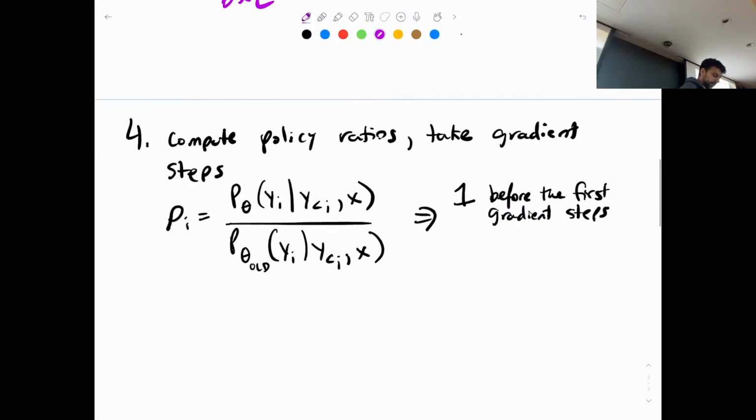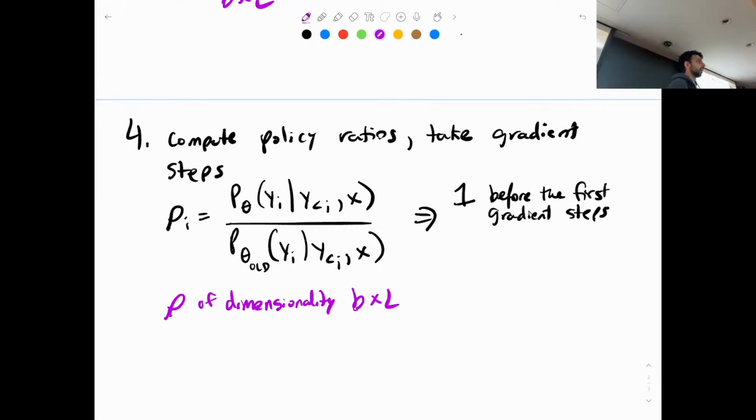So now keeping on with the shape of these different quantities, when you look at all of the policy ratios, these rows are also of dimensionality B×L, so you have a different ratio for every token and every example in the batch.